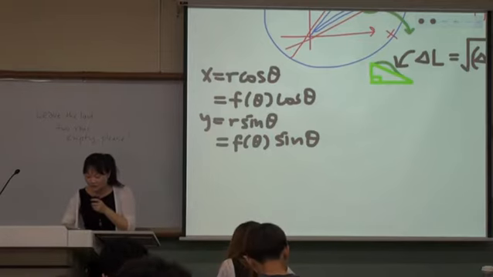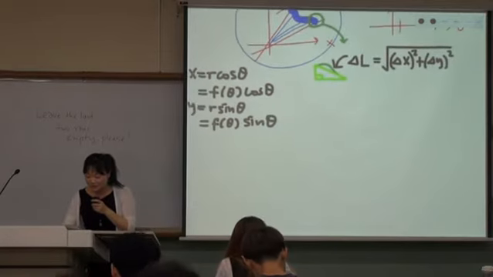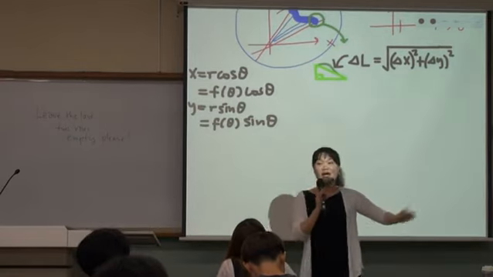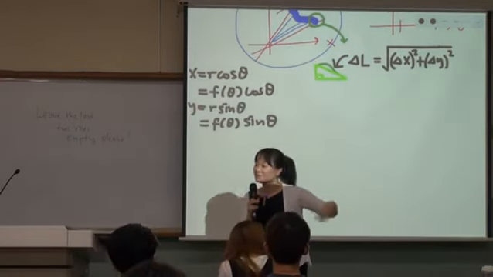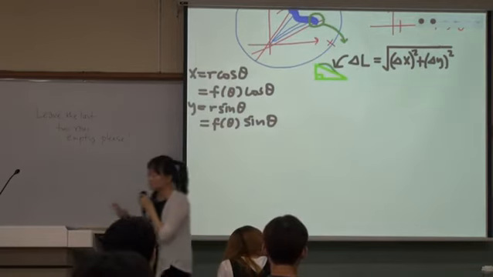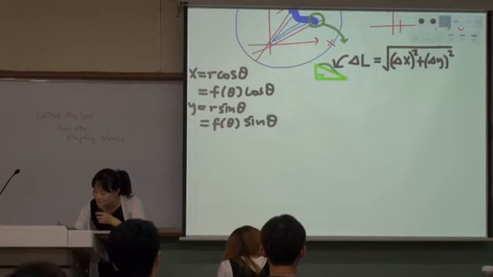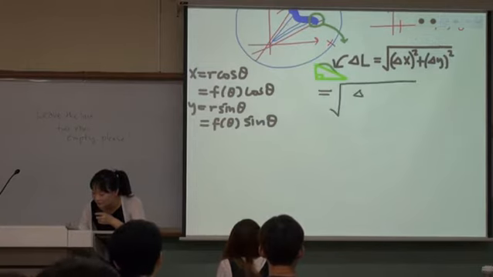Okay, so what we'll do is come back here. Having x and y alone is not enough. I have to express x and y in terms of theta. So this is equal to the square root of, let me introduce theta.